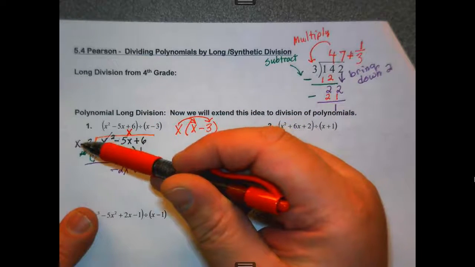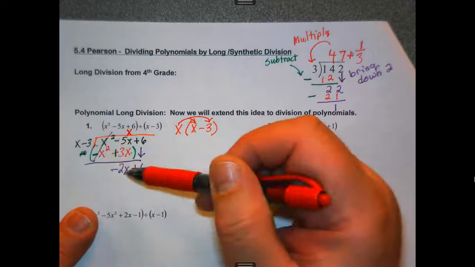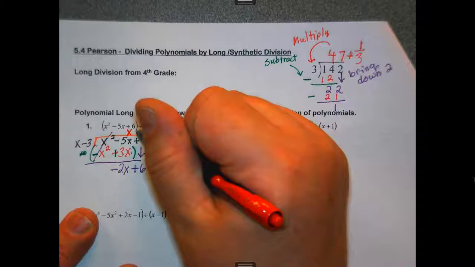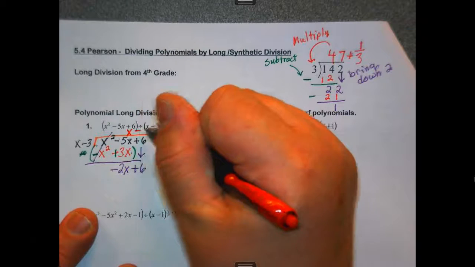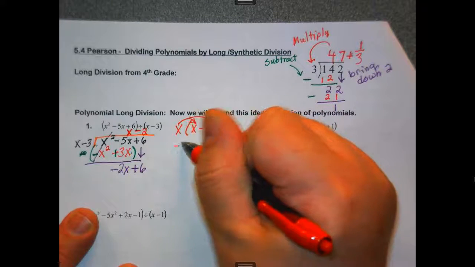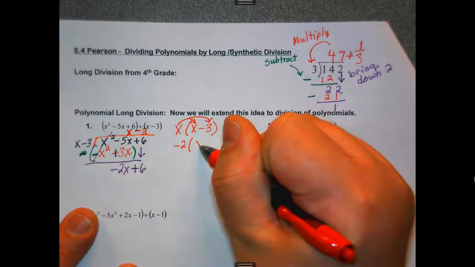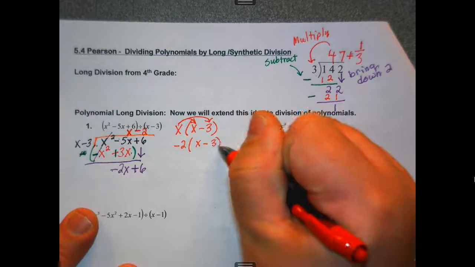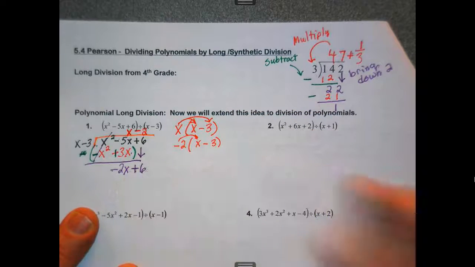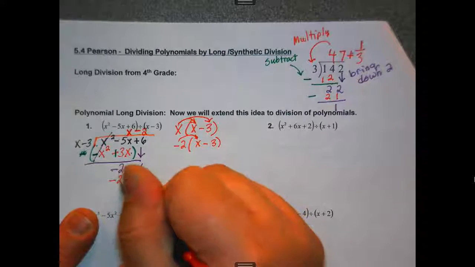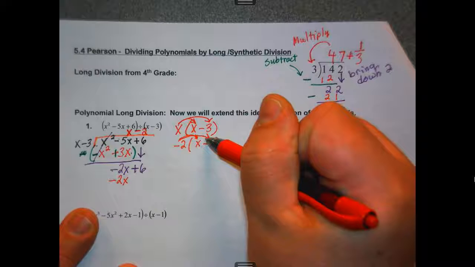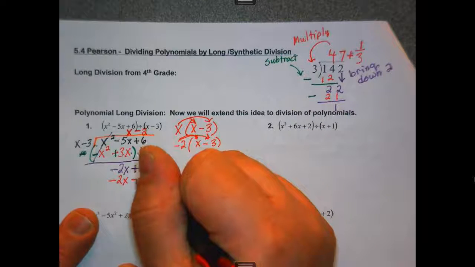How do I get x to be negative 2x? Multiply it by negative 2. Okay, so I'm going to take negative 2 times x minus 3. Negative 2 times x is negative 2x. Negative 2 times negative 3 is positive 6.